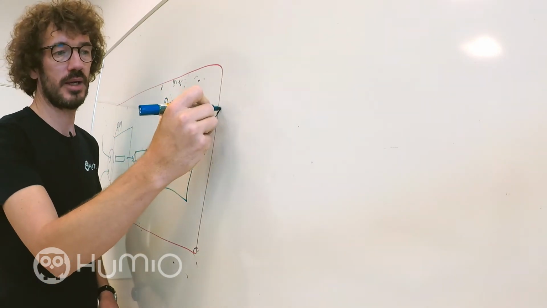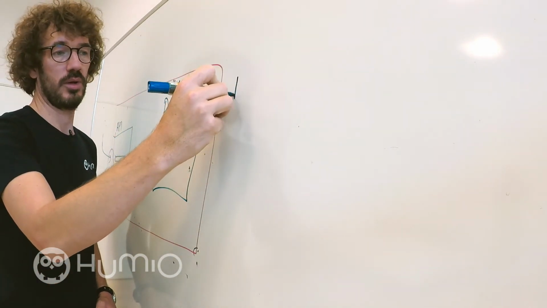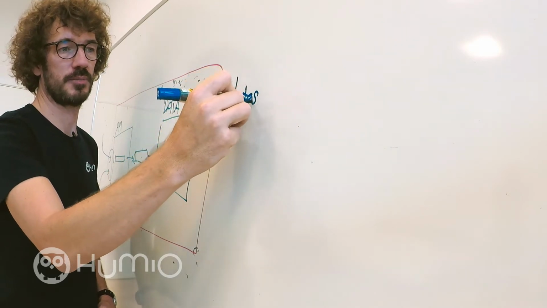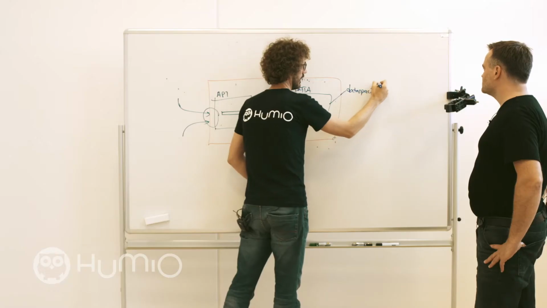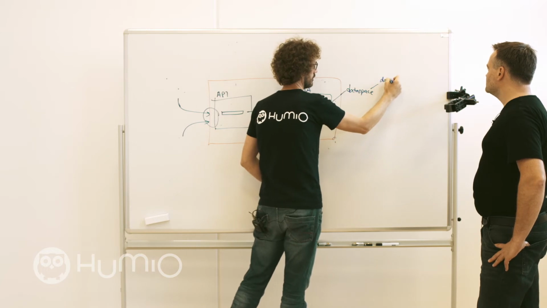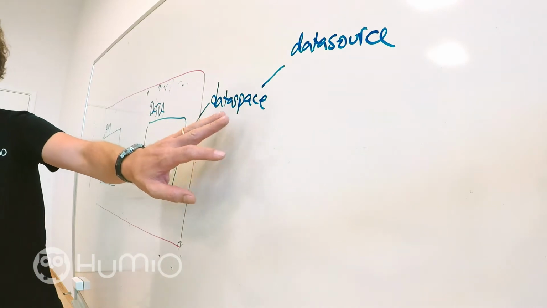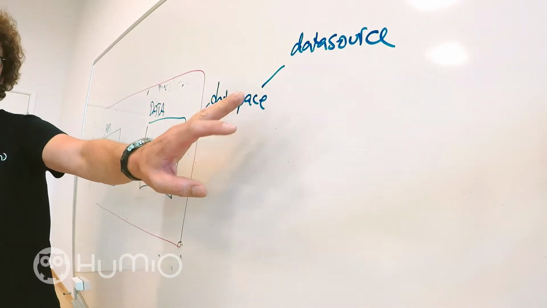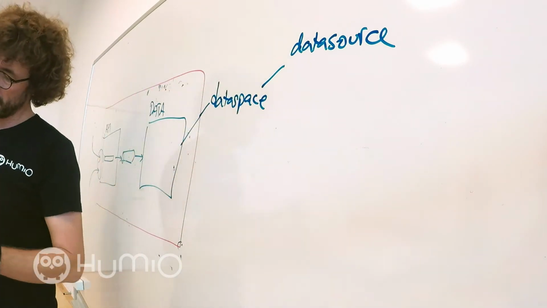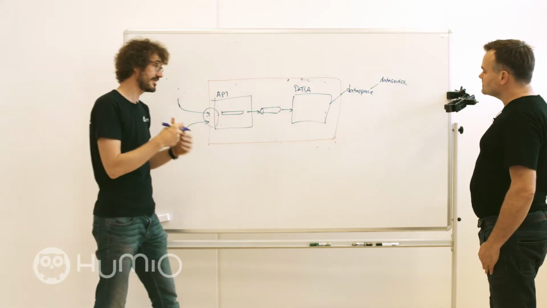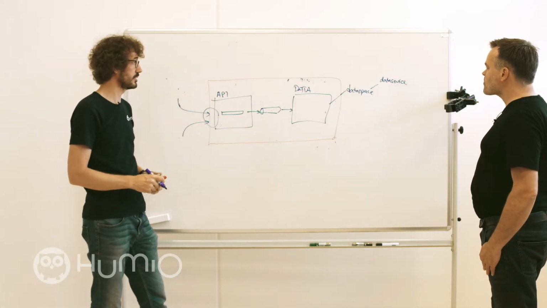Then the next step on the backend side, it gets picked up, and we have, you could say, a namespace of what we call data space and data source, where the data space is an assigned chosen namespace, and data source is really just the unique combination of tags that you attach on ingest.